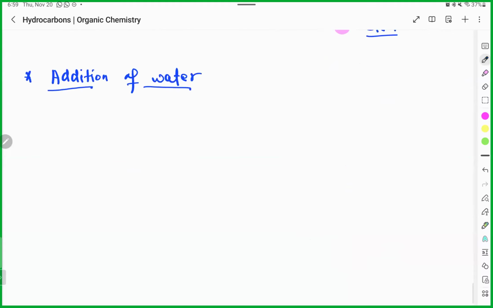Sanya, if you add water to alkyne, what will happen? Do alkynes usually react with water? No, sir, they are immiscible. Yes. Whether you take alkanes or alkenes or alkynes, they are immiscible in water, so they do not dissolve easily in water.